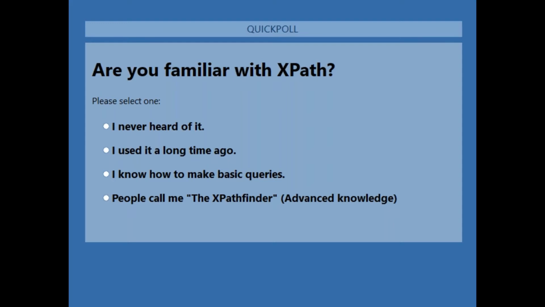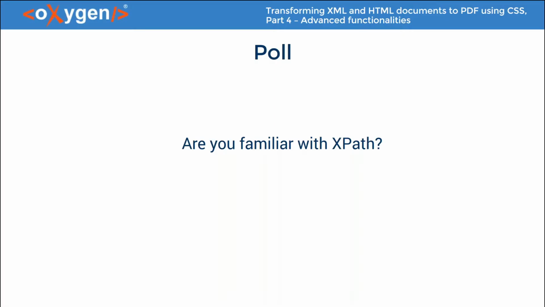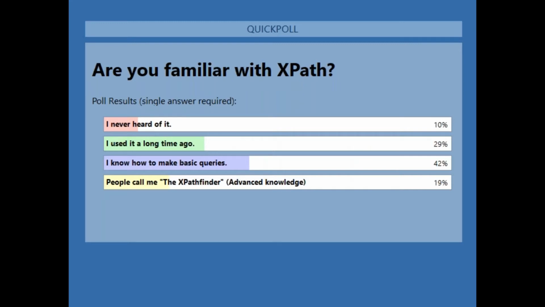Okay, so it seems that the majority of you know it and even know how to use it using a few queries, which is fine. You will see that I will use some small functions too, but I will detail each of them and explain what the scope of each function I am using is.